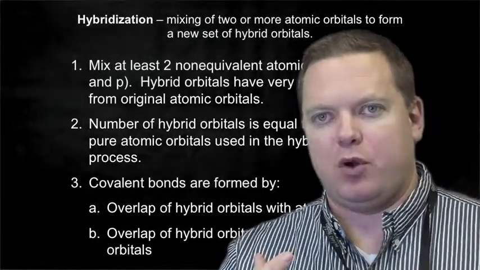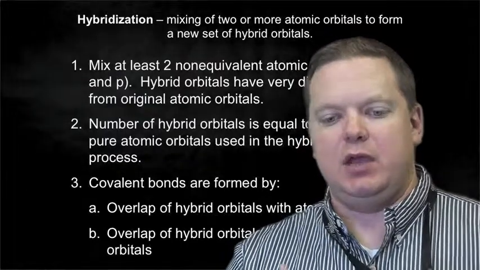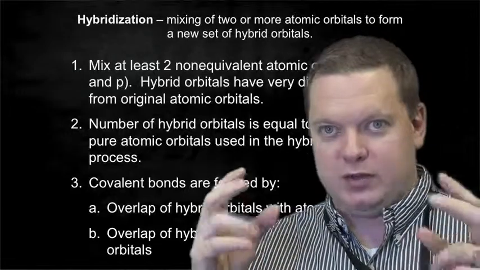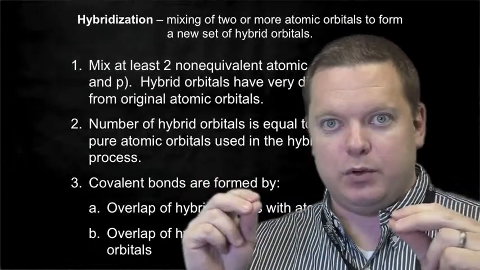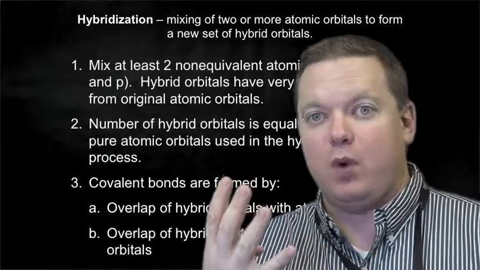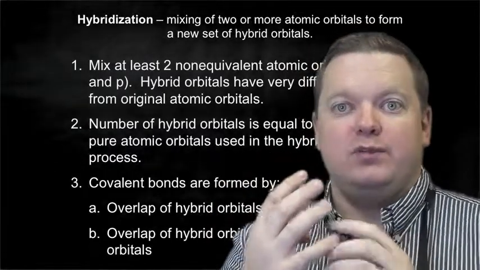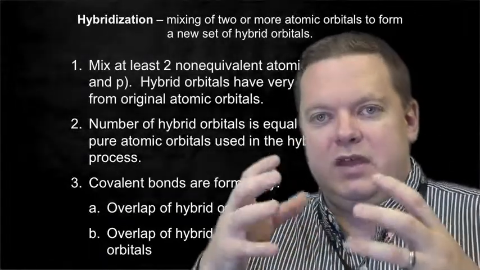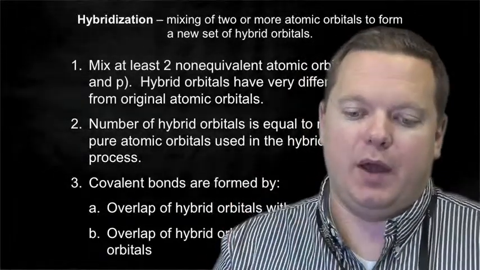The number of hybrid orbitals that we get out is equal to the number of pure atomic orbitals that we put in. So if we put in 2 atomic orbitals, the s and the p, we get out 2 new orbitals. If we put in 4, the s and all 3 of the p's, we get out 4 new hybrid orbitals.